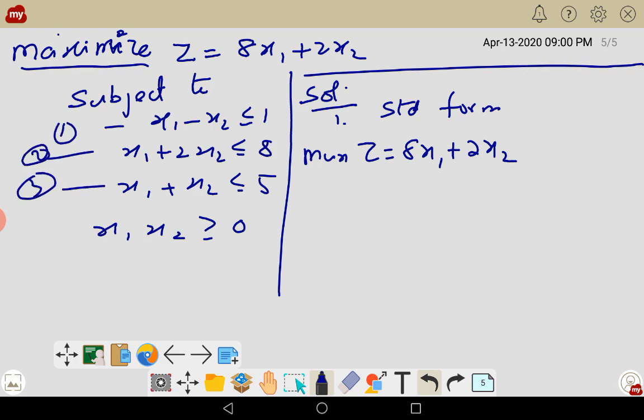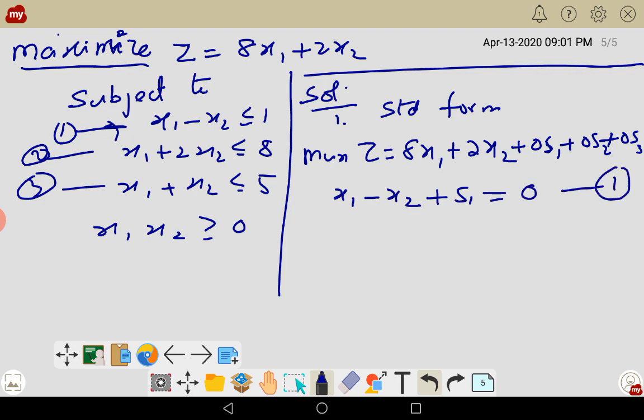For every constraint we are going to add a variable, so 0s1, 0s2, 0s3. There are three constraints, so three dummy variables, the slack variables, right? And write them here. This is x1 minus x2 plus s1 equal to 1. This is the first constraint.